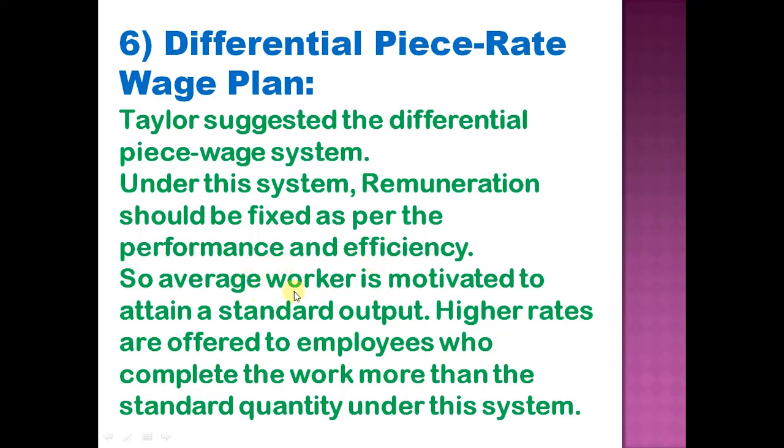If there is an average worker, then he will get the average wages, and if there is an efficient worker, then he will get more wages. So the average worker will be motivated to work properly. Higher rates are offered to the employees who complete more than the standard quantity. Those who are completing the work more than the standard quantity will be given higher rates.